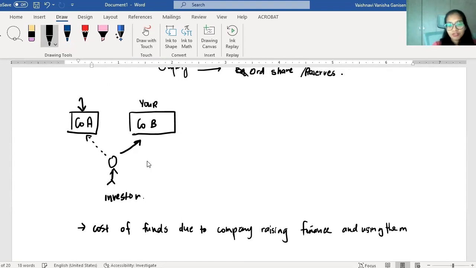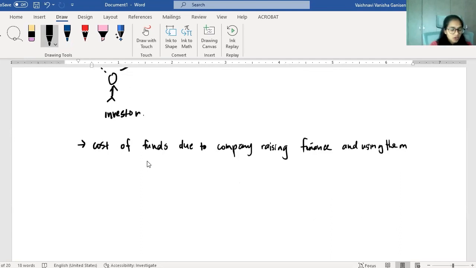Using that, and then finally, this is the opportunity cost.